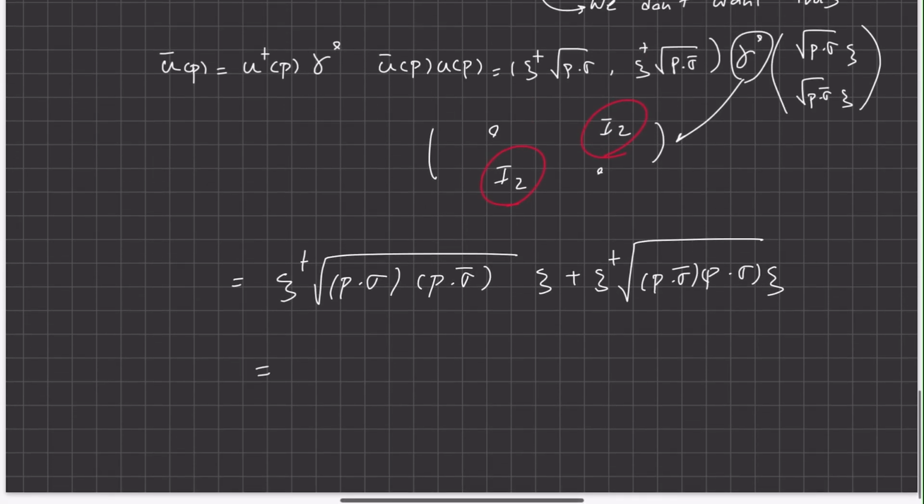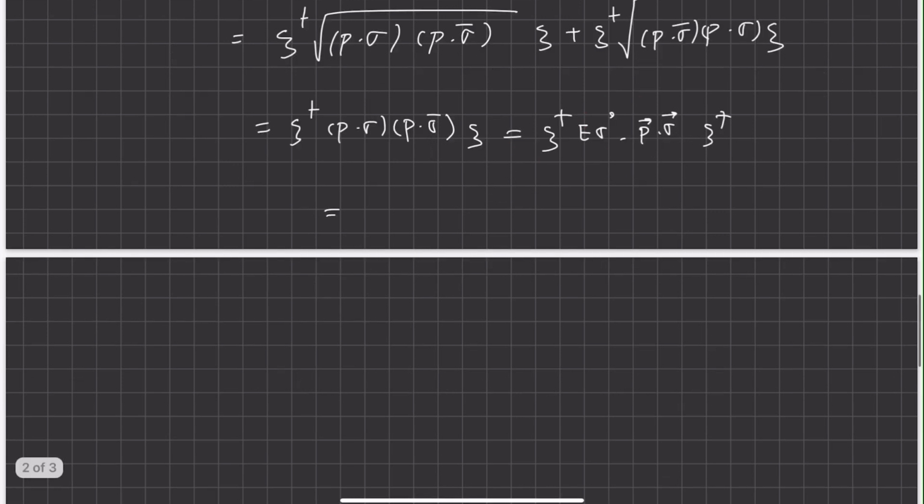So the final result would be psi dagger psi p dot sigma times p dot sigma bar, which is equal to psi dagger energy times sigma 0 minus p dot sigma bar. Actually, there is a factor of 2 here.